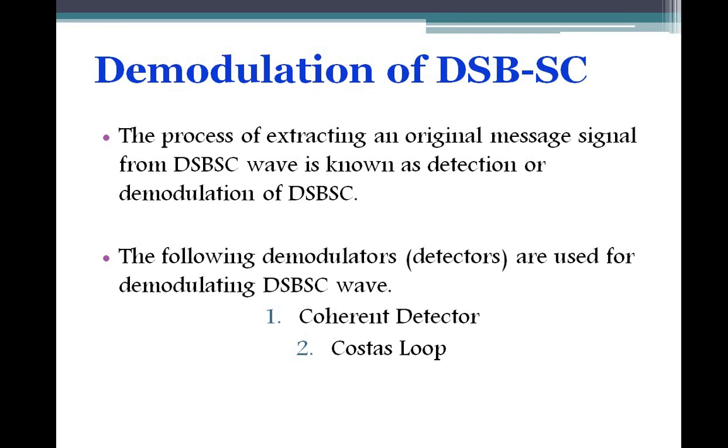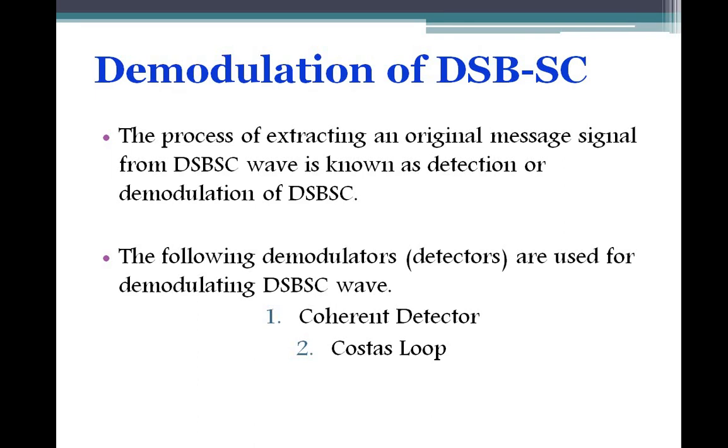We are seeing the demodulation technique of the DSBSC signal today. The process of extracting the original message signal from the DSBSC wave is known as detection or demodulation of the DSBSC signal. Clear? So we have to get the original message signal that we modulated at the transmitter side.